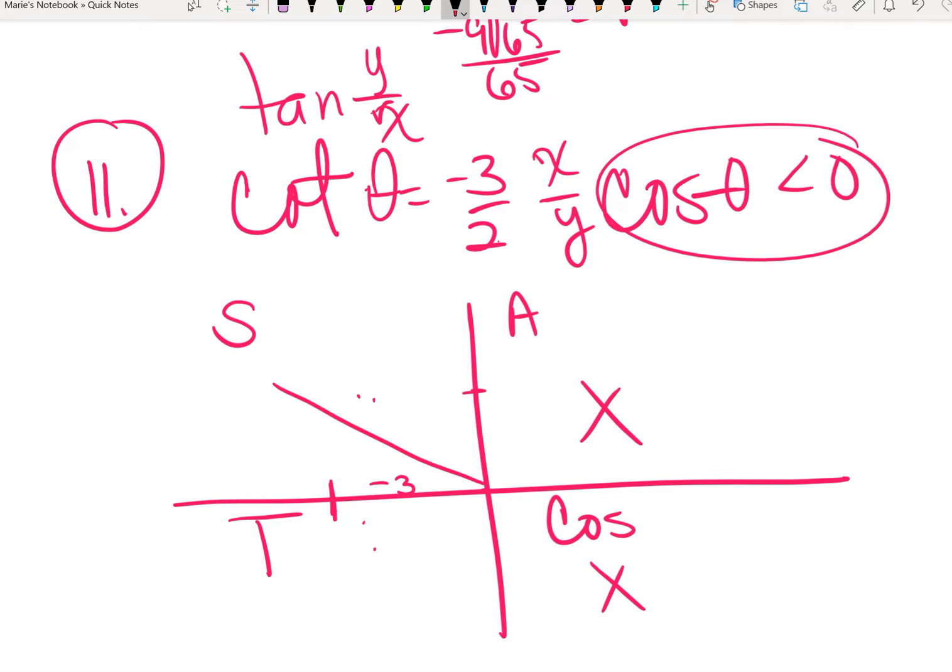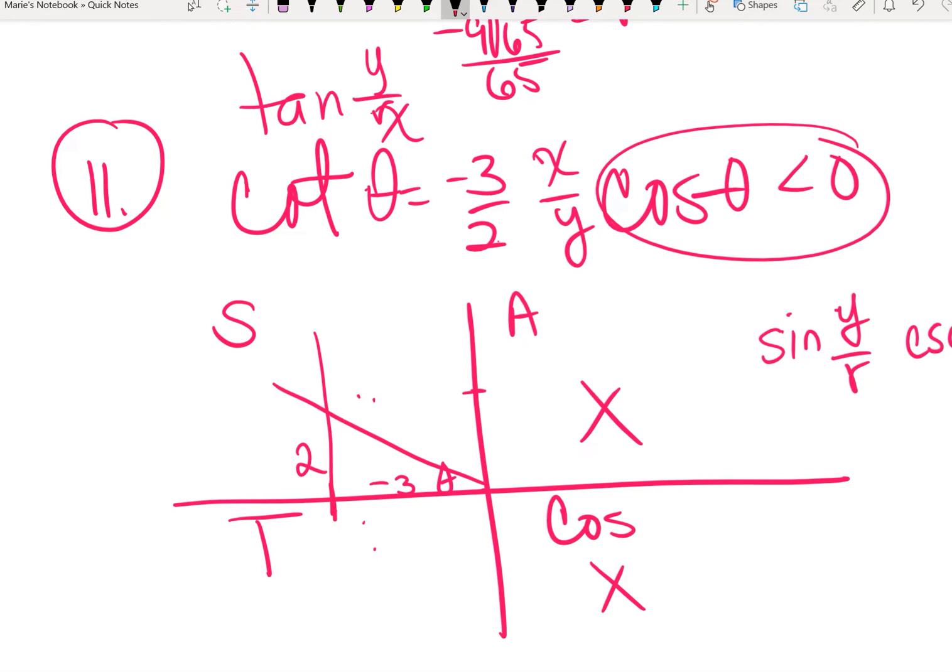So this one is going in this direction. I'm looking at cosine theta being negative. I now want to find cosecant. Keep in mind that sine is y over r. Cosecant is r over y.